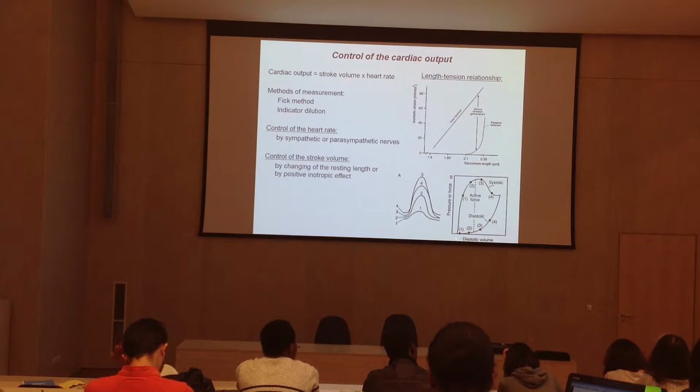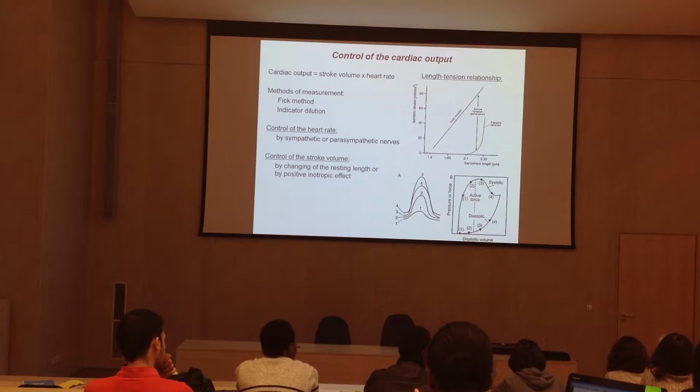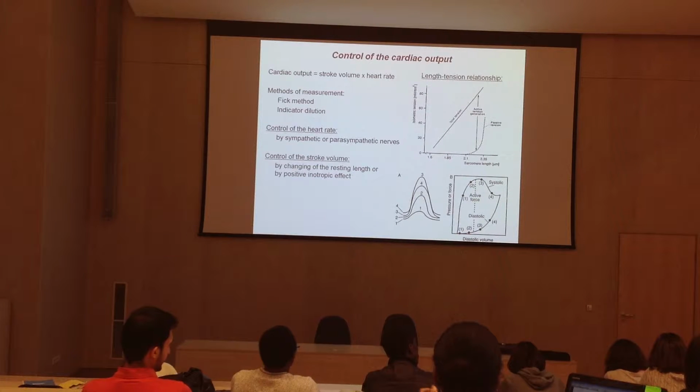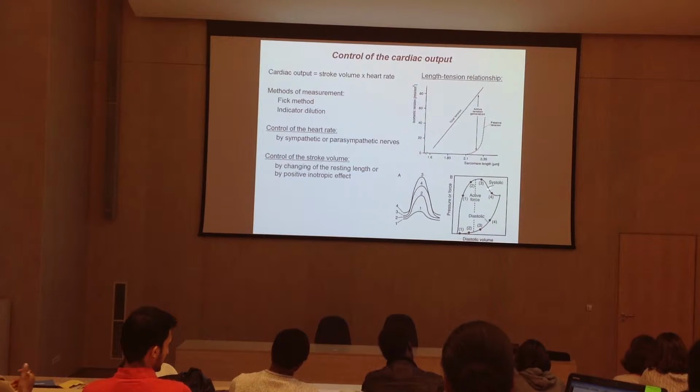This is the diastolic volume. More and more blood flows into the ventricle, and at the end of the diastole, it is the so-called end diastolic volume. The volume of the ventricle will be larger and larger, and the length of the muscle fibers will be longer and longer. And you can see, if you stimulate the fiber, the systolic pressure will be larger and larger.